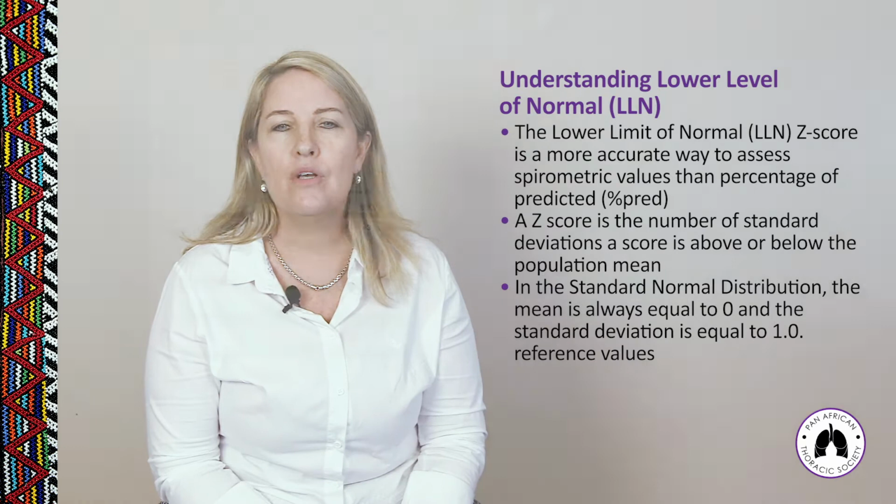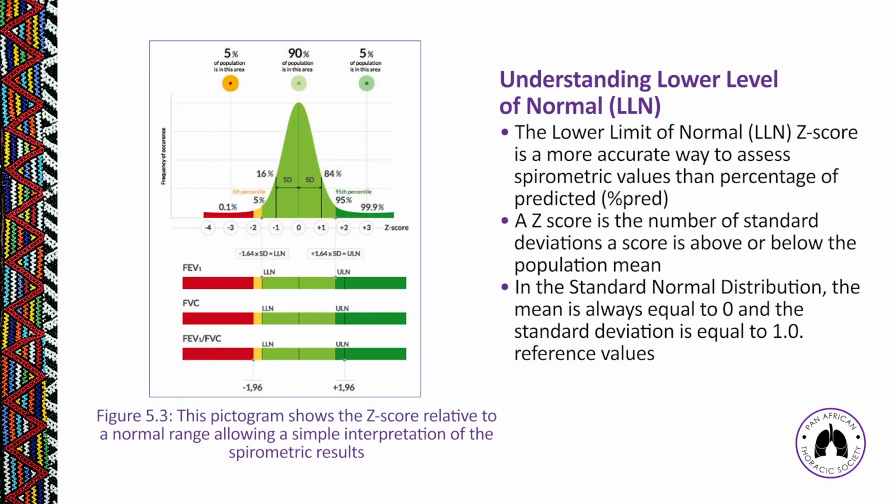So if you look at this diagram here on the left, figure 5.3, this spectrogram shows the Z-score relative to a normal range, allowing a simple interpretation of the spirometric results. So let's look at it. In the center of the graph, you see a green line running through the peak point of this Gaussian bell curve.